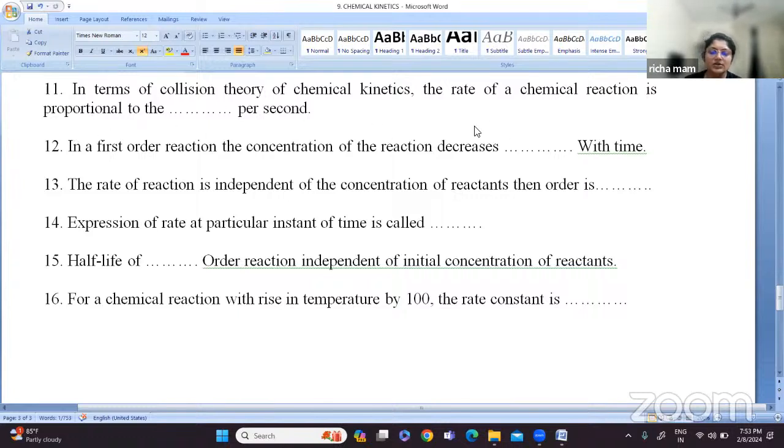Proportional to the collisions per second. Okay, it is proportional to collisions per second.